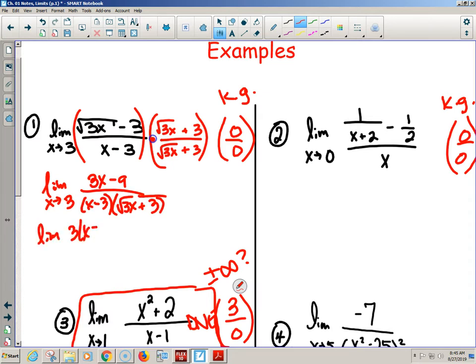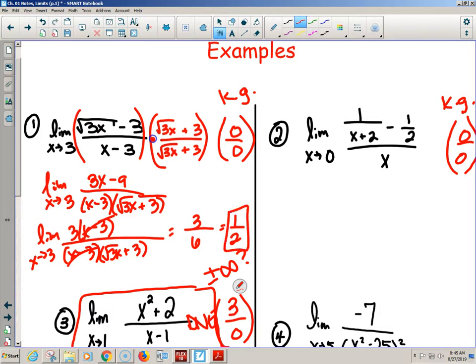Hopefully you factored out the numerator. Who got 1/2?